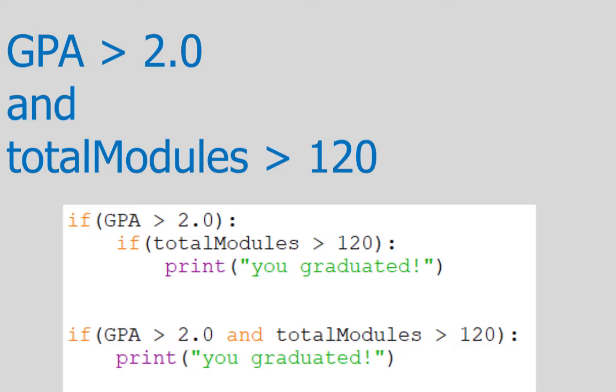So using our logical operators, we can do: if GPA is greater than 2.0 and total modules is greater than 120, print you graduated. That compares your GPA and the total modules you've completed.